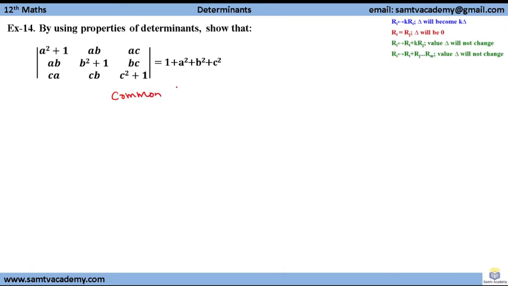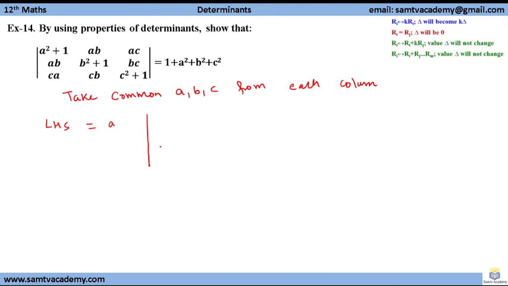So first step, we are going to take common a, b, c from each column. So for the LHS, first I will write common a so that you will understand.